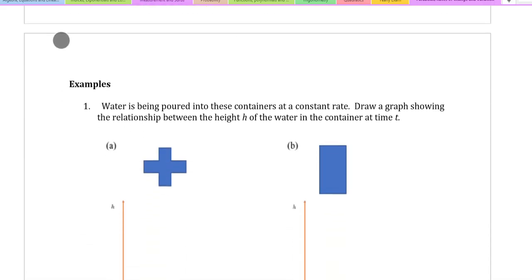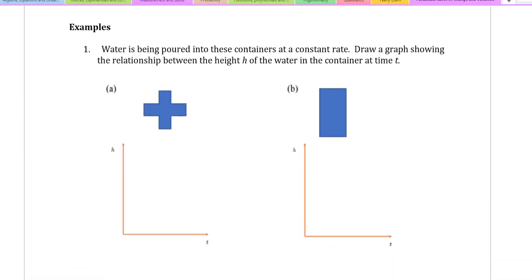So what we need to do is to be able to look at some shapes. In example number 1, we have water being poured into containers at a constant rate. We want to draw a graph that shows the relationship between the height of the water in the container at different times t. So obviously we're not going to get the slopes completely perfect.